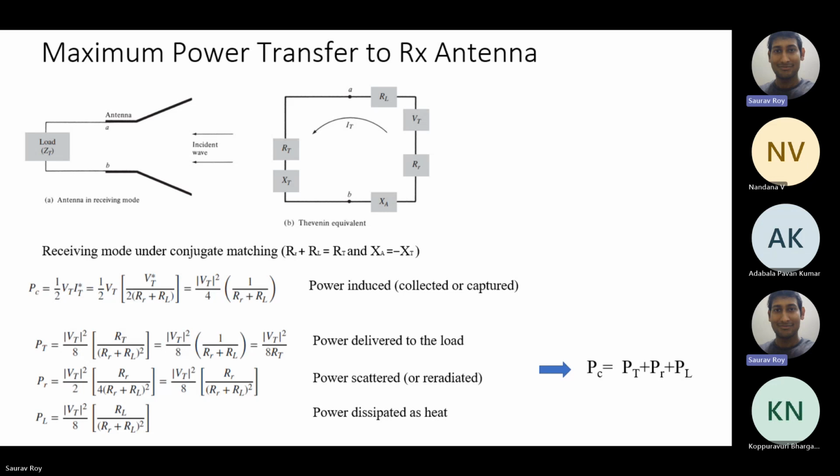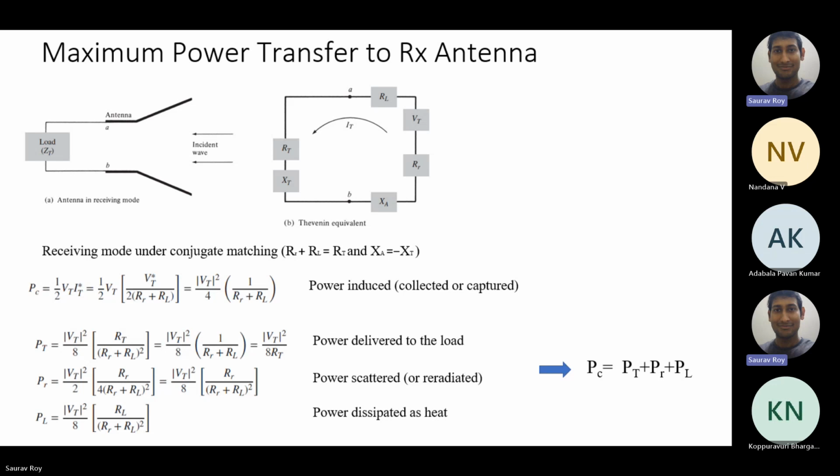As Bhargav said, when this power is received and delivered to the transmission line, there will be some impedance mismatch at the junction of the transmission line and antenna. So some portion will be reflected from the junction. And that power will work like an input to the receiver antenna itself.